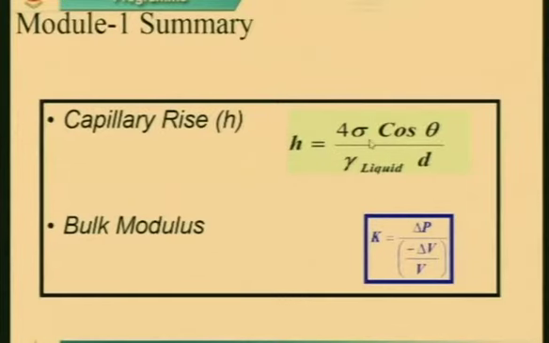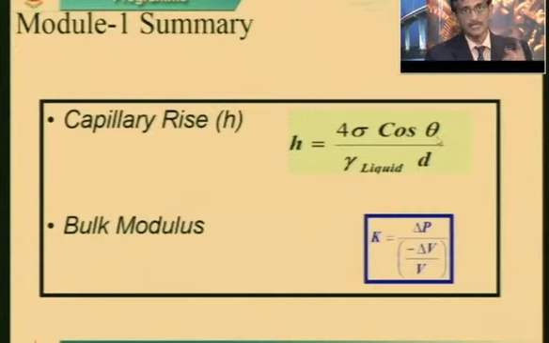Is it okay? So, this formula stands: h is equal to 4 surface tension into cosine of the angle theta, which is the angle of contact, divided by the specific weight of the liquid into the diameter of the glass tube.